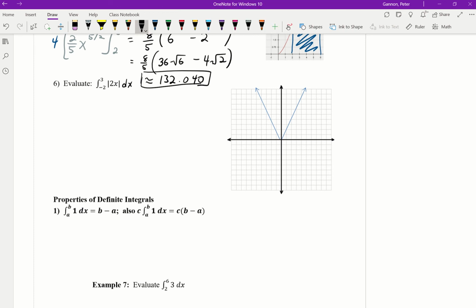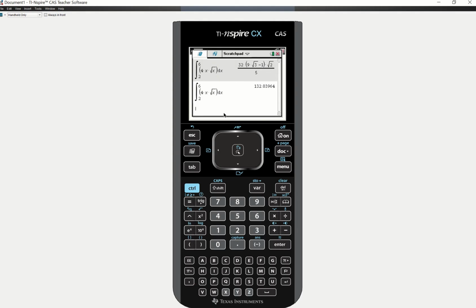just like with derivatives. So now, as we go to evaluate this, if you tried to type that in your calculator, let's just see what happens. Because sometimes you will have calculators available to you.